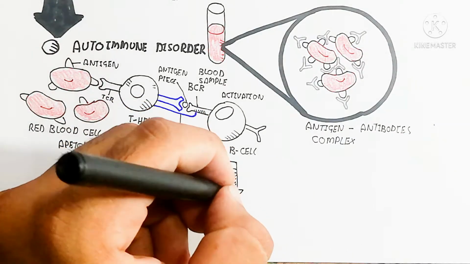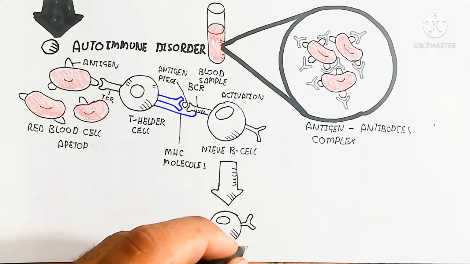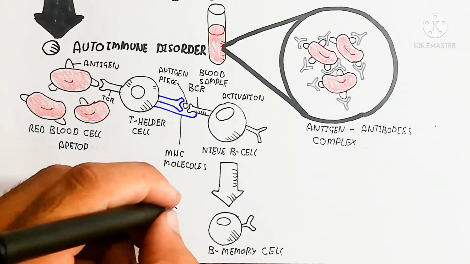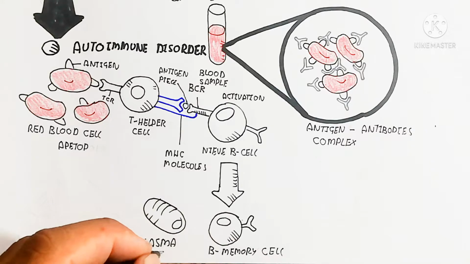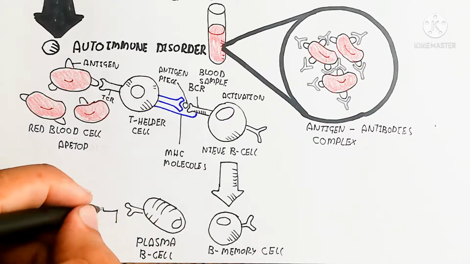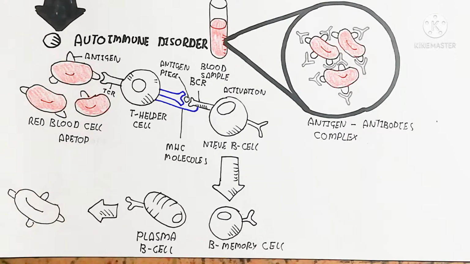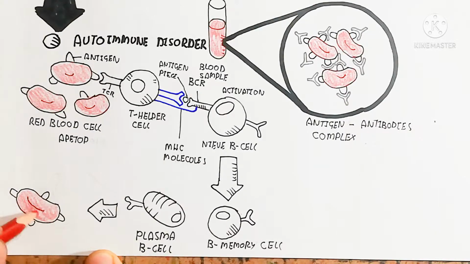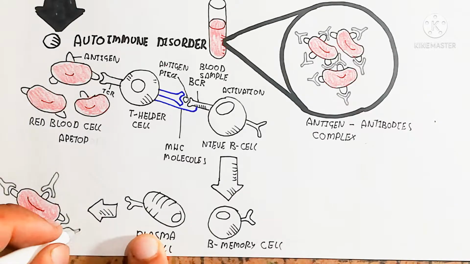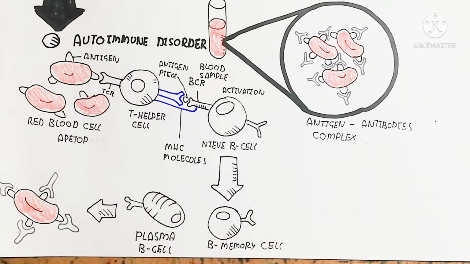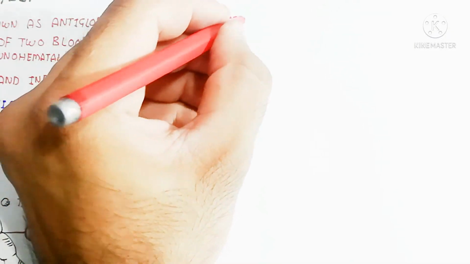Here the T helper cell recognizes this antigen by the T cell receptor, and the antigen piece is recognized by the MHC class molecule with the CD4 receptor. Then the B cell receptor receives this antigen and is activated to produce memory cells and plasma B cells, which attack the red blood cell after recognition of the antigen present on it. That is the autoimmune disorder system.